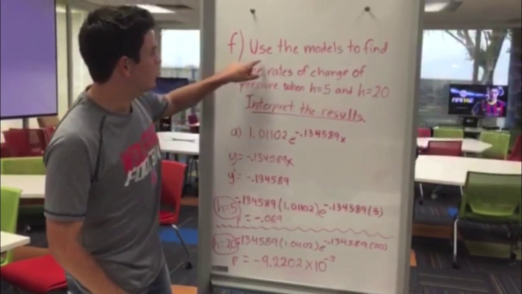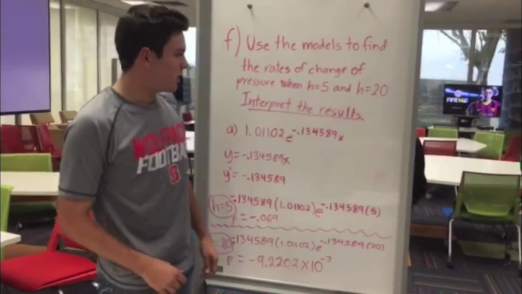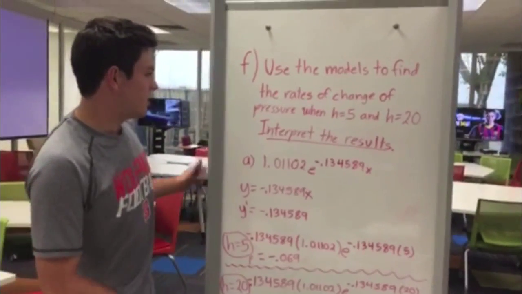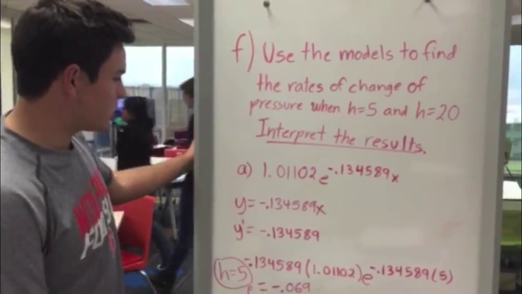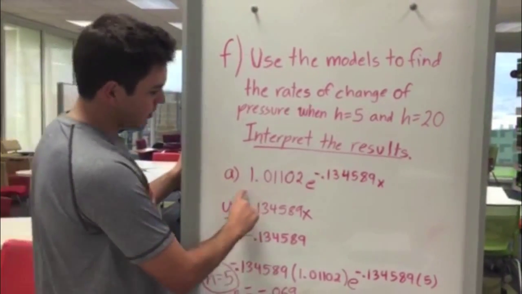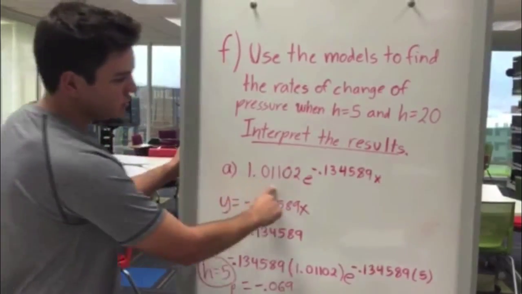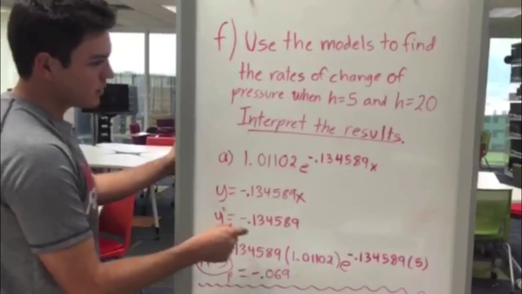In problem F, use the models to find the rates of change of pressure when h equals 5 and h equals 20. Interpret the results. What you need to do is take the first equation that we got in problem A, which is this one, and find its derivative.